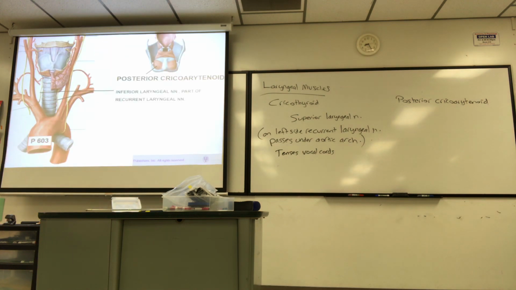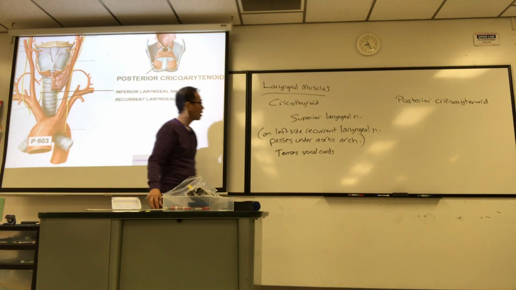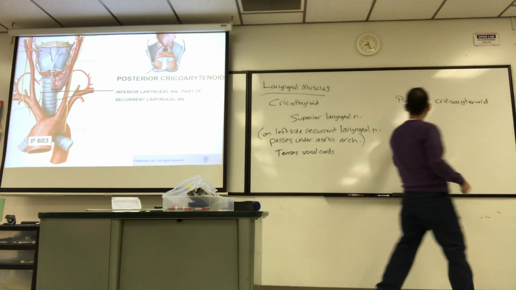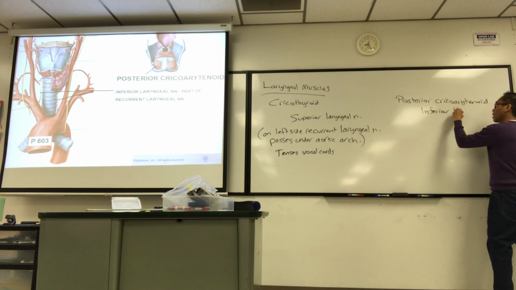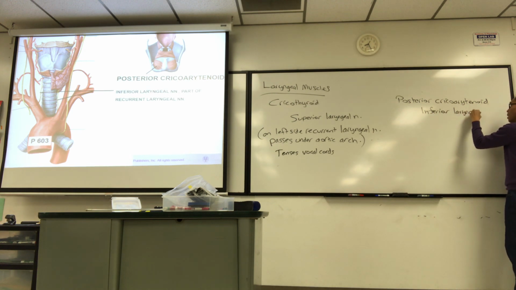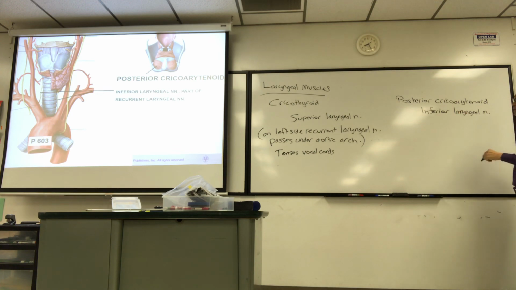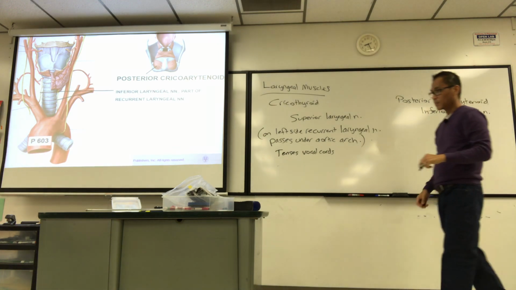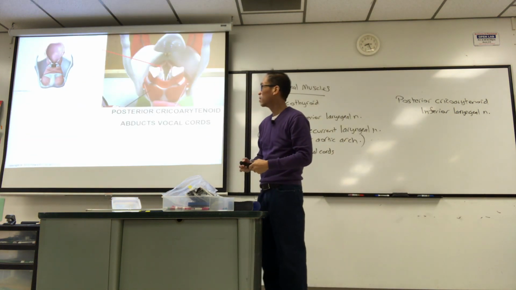All right. Well, the other picture here, that's the posterior cricoarytenoid muscle. That's innervated by, again, a branch of the recurrent laryngeal nerve, but let's just call it the inferior laryngeal nerve. And its job is to abduct the vocal cords.